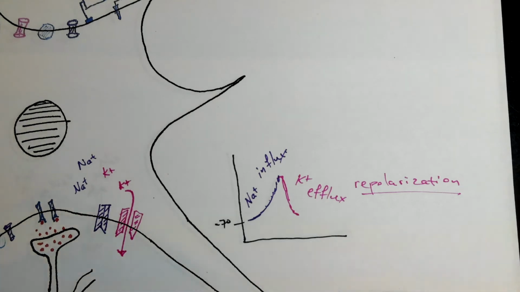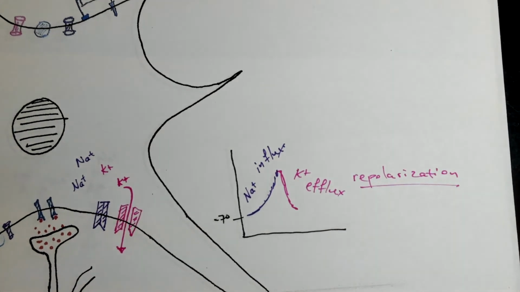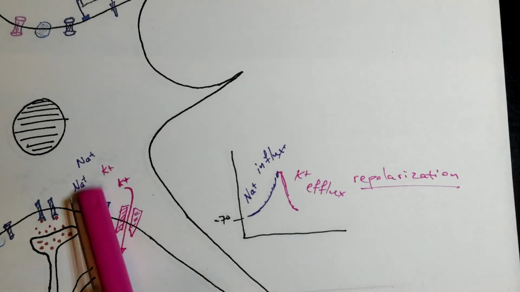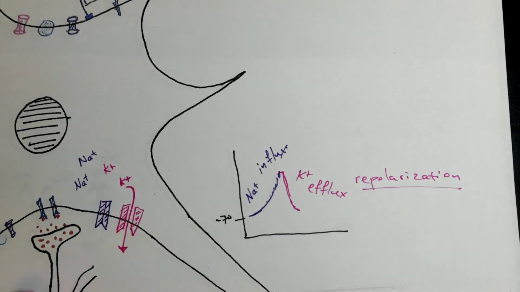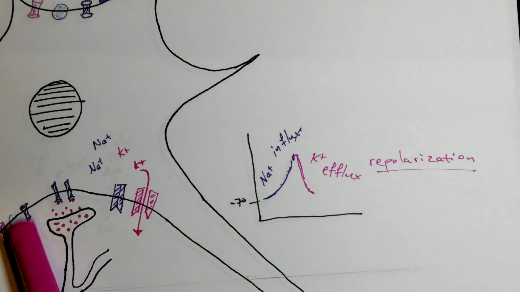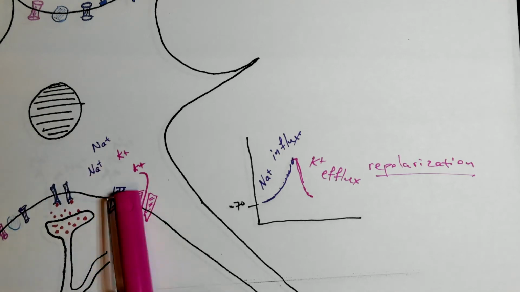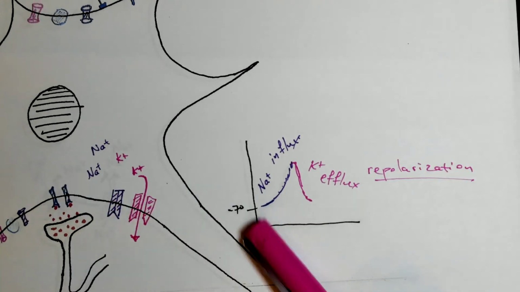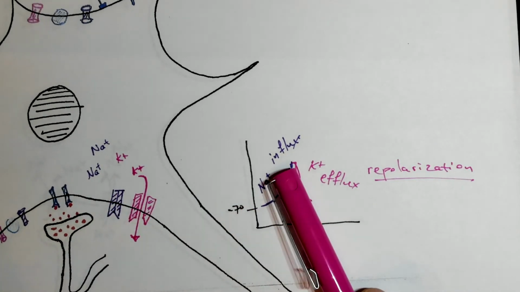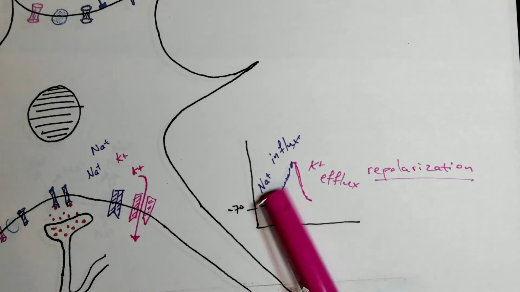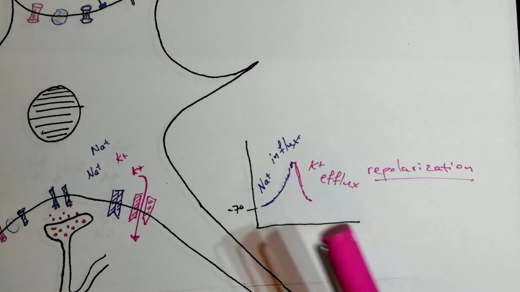Now, let's just assume that we just have this one presynaptic neuron stimulating this one postsynaptic neuron. Oftentimes, if the signal is only in this local area, it's a localized electrical event, and you get this depolarization that doesn't go too far. It doesn't go past negative 55, let's say.